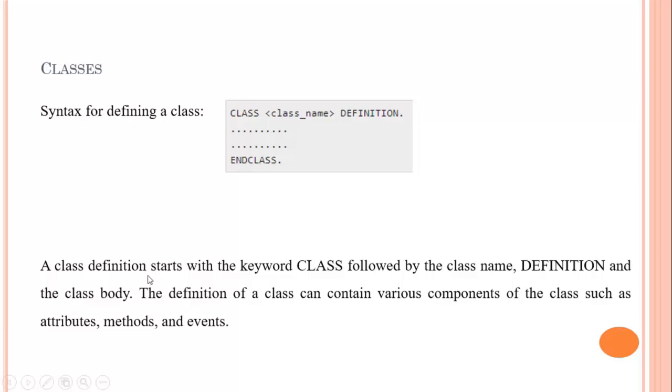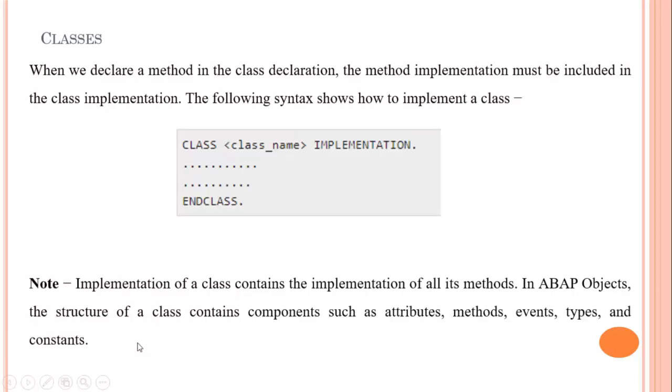Okay, a class definition starts with keyword class followed by the class name, definition and the class body. Now here these dots, it is a class body. The definition of class can contain various components of the class like attributes, methods and events.